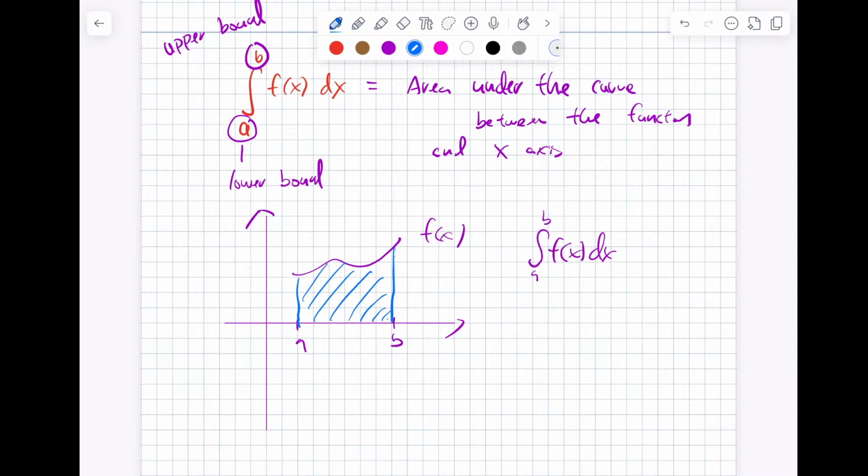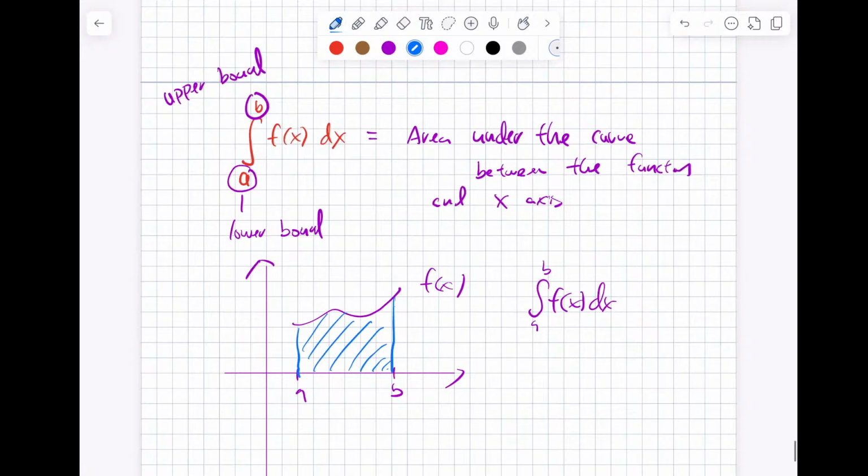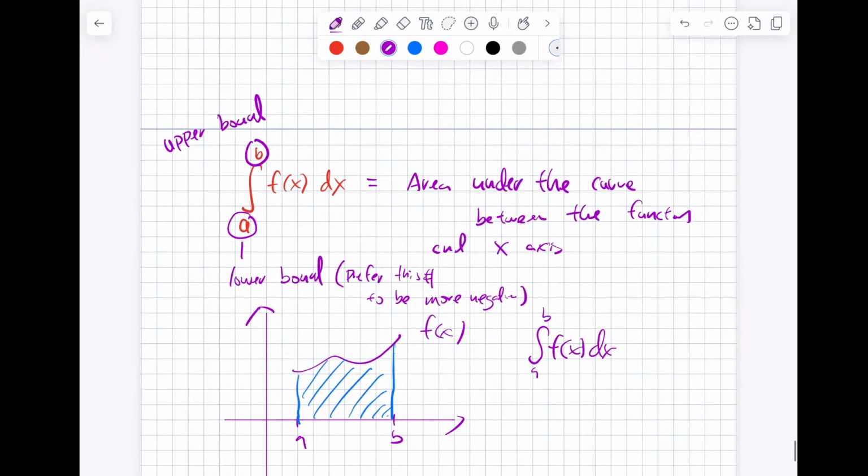Now, if the graph is below the x-axis, then you will get a negative value, especially going from the lower bound to the upper bound. Usually I prefer this number to be more negative, and this one to be more positive.